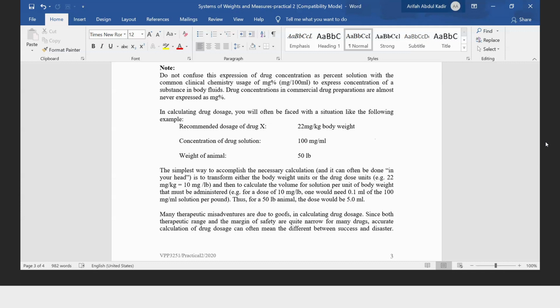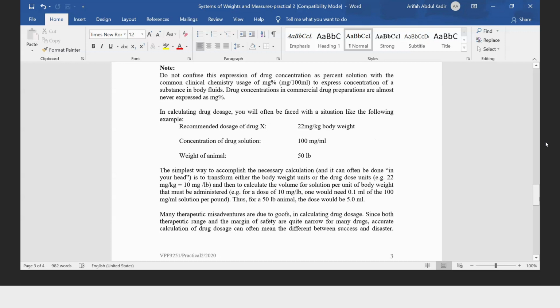In chemistry, we use milligram percentage to refer to milligram in 100 ml. But drug concentration is never expressed as milligram percentage. Please remember, it's always milligram per ml, microgram per ml, or microgram per liter, milliliter, and so on.